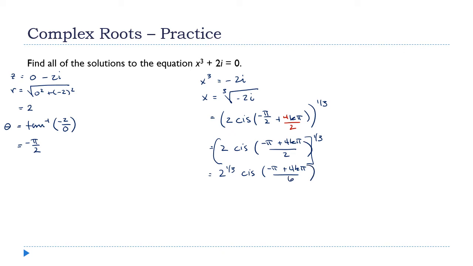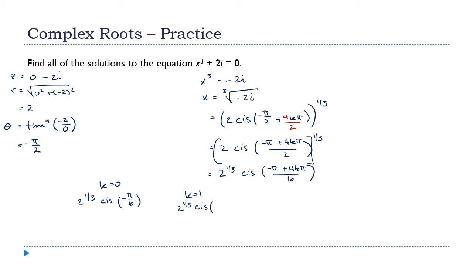Now we pick numbers, right? When k is equal to 0, this is 2 to the 1/3 cis. The 4k pi part becomes 0, so this is negative pi over 6. When k is 1, it's 2 to the 1/3 cis, let's see, minus pi plus 4 pi is 3 pi.